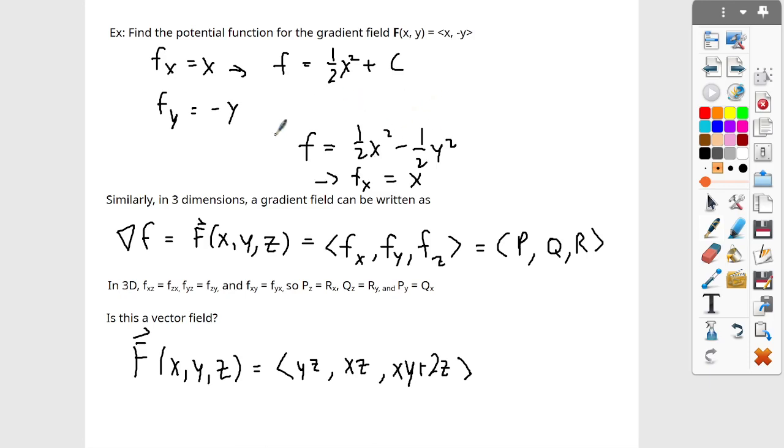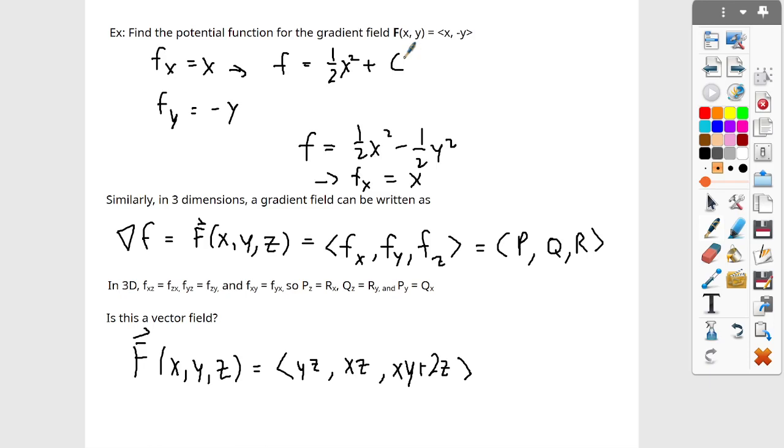But look at its original function right here. 1/2 x squared minus 1/2 y squared. It doesn't include c, but when we differentiate with respect to x, it doesn't include y, but when we differentiate it with respect to x, you still get x. So this c can't just be a constant with respect to x, or a regular constant.